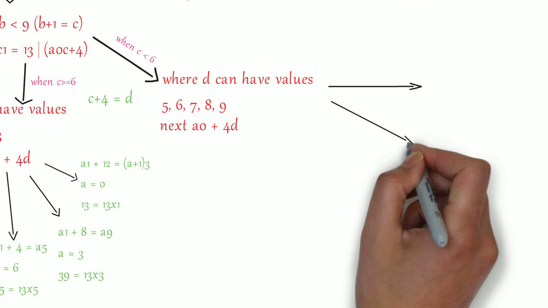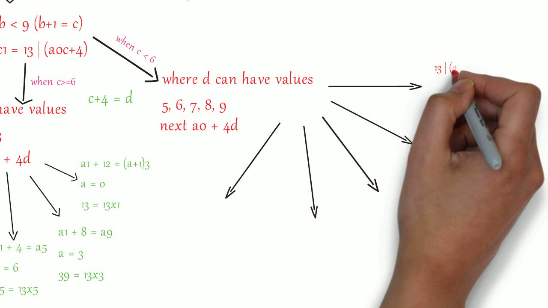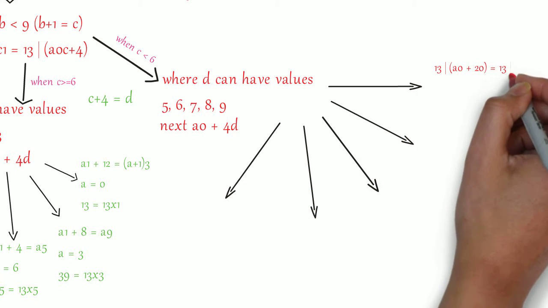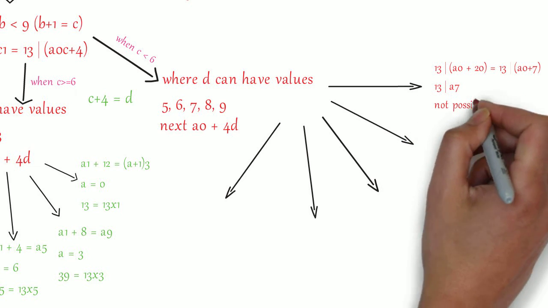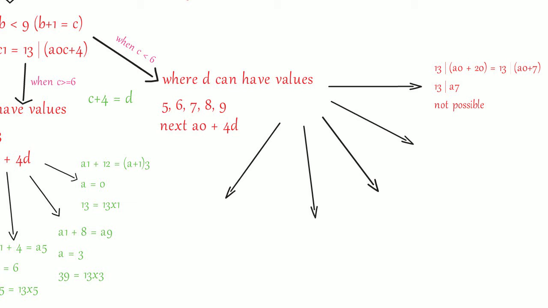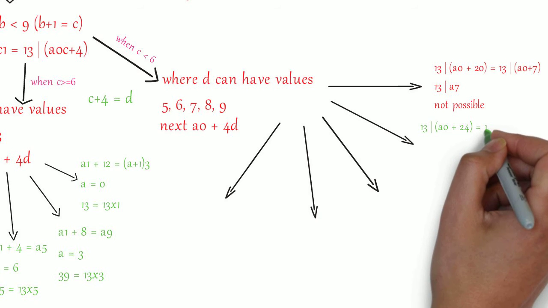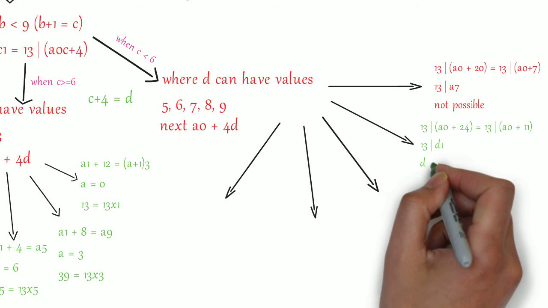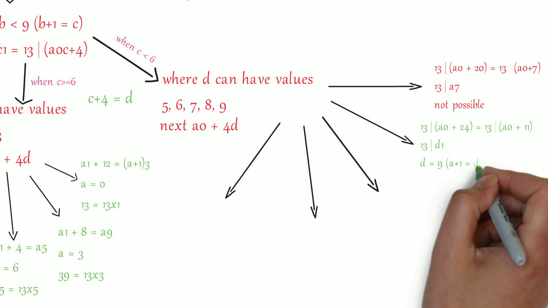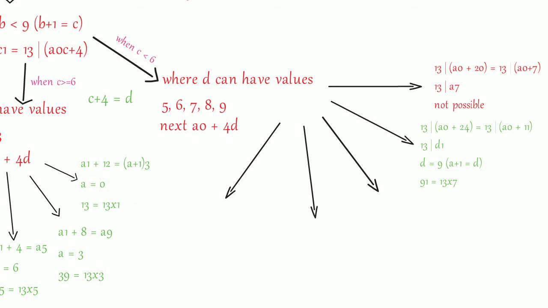Now let's look at all possibilities when there is no carryover. For the case of D equals 5, we get 13 divides A0 plus 20. As usual, we reduce 20 to 7 and we have 13 divides A7, and none of the 2-digit multiples of 13 ends with 7. In the second case, where D equals 6, we get 13 divides A0 plus 24, and that gives 13 divides A0 plus 11, and finally 13 divides A1, and 91 is the solution for this case.